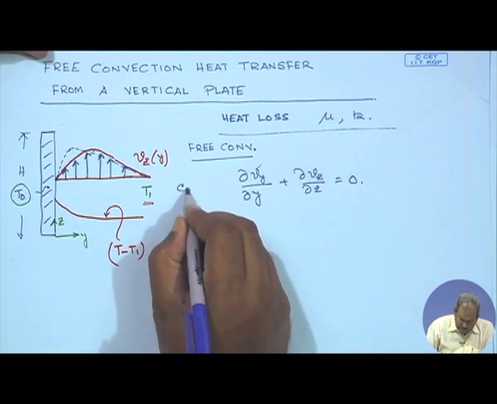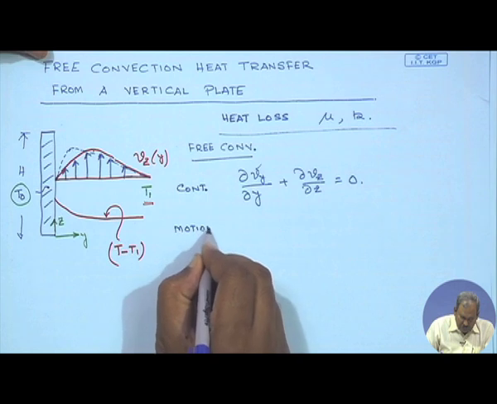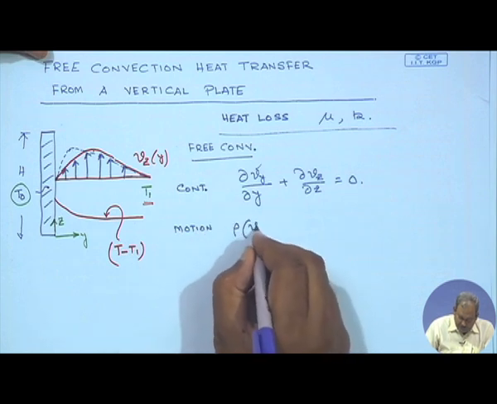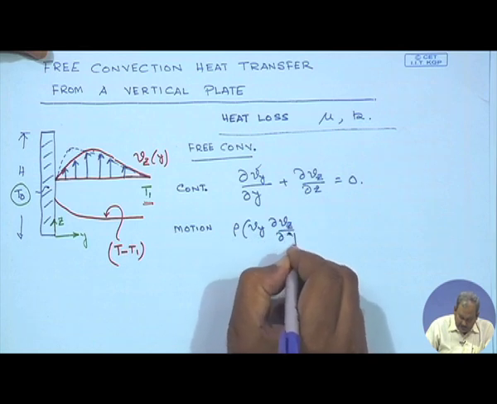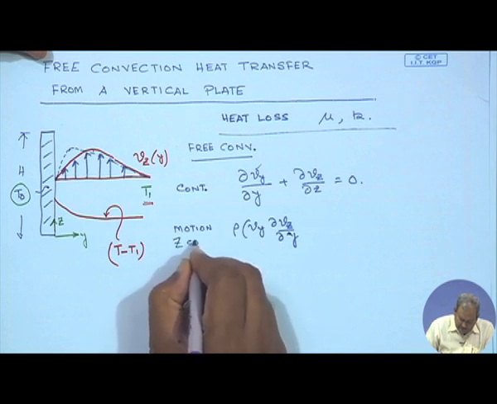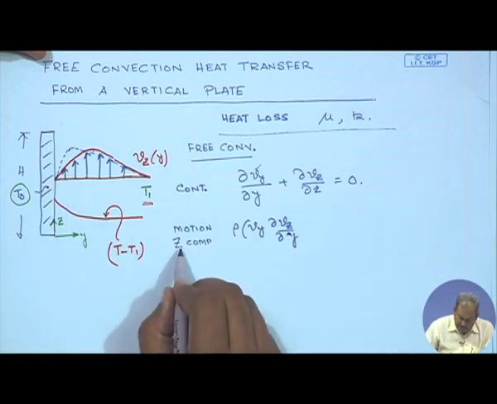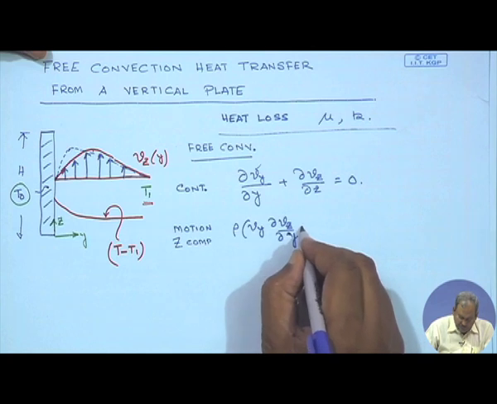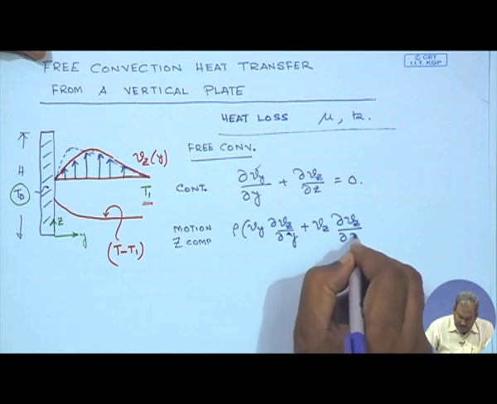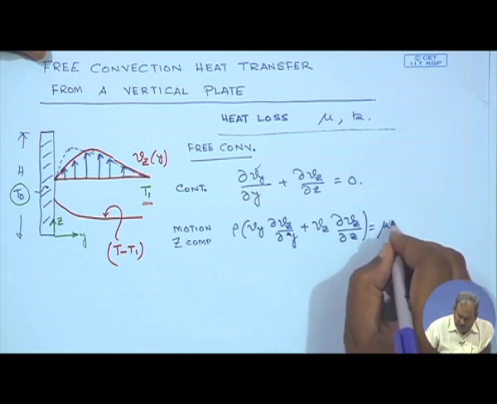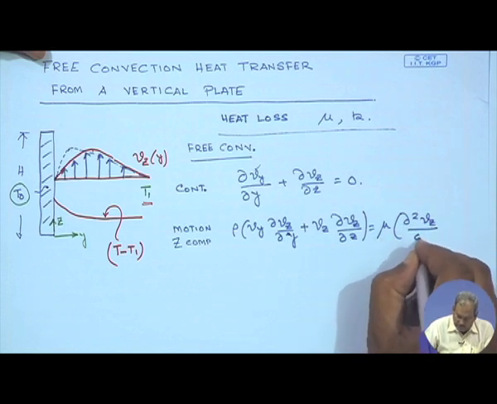So, this is the equation of continuity, and then I am writing the equation of motion, which is rho times Vy del Vz by del y. This is the z component, because most of the motion is in the z direction. So, I am writing the z component of the equation of motion plus Vz del Vz by del z is equal to mu times. So, these are the viscous transport terms.